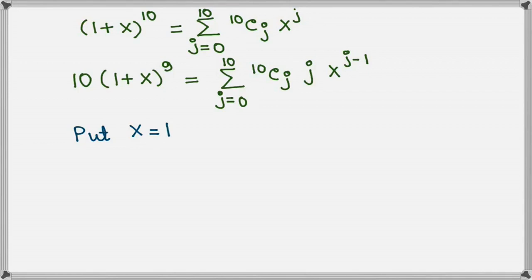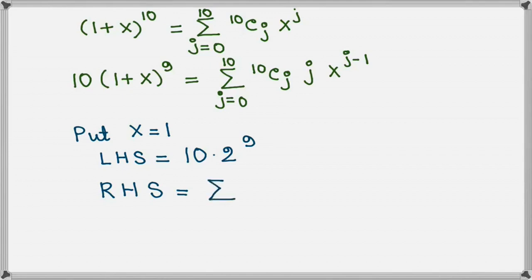We get the left hand side equal to 10 into 2 to the power 9, and the right hand side is equal to the sum from j equals 1 up to 10 of j into 10Cj.